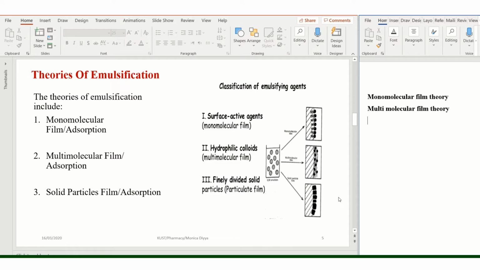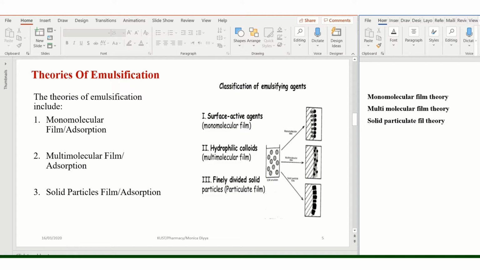And if the added emulsifying agents form particulates at the interface, it is known as solid particulate film theory. So based on how the emulsifying agents act, we have different theories.